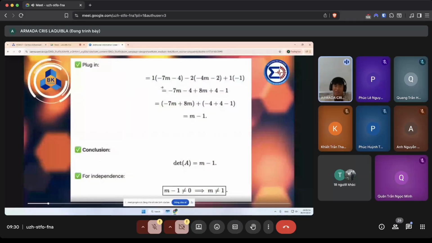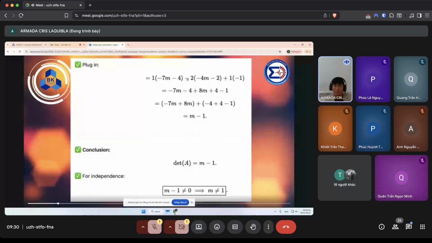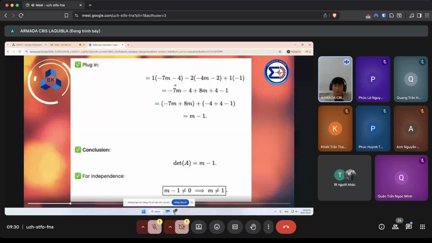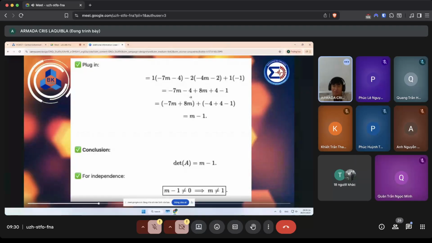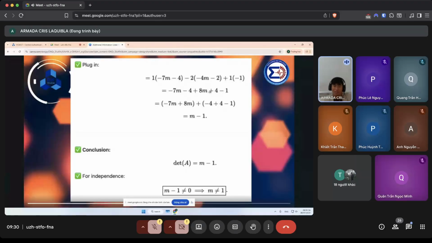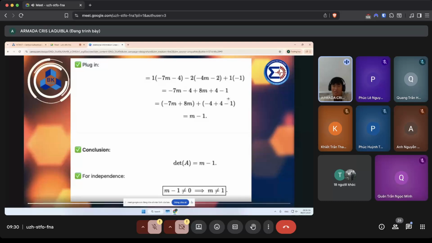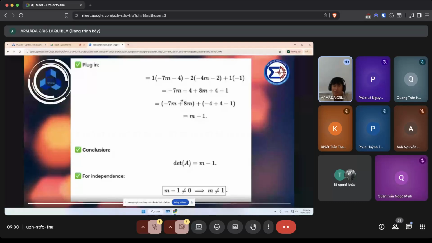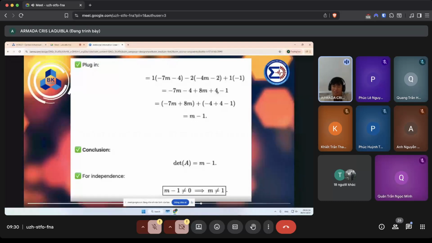Now we solve, we multiply the 1 there. This is the result. Multiplying 2, we have 8m plus 4 and then -1. Now combine all the terms with m. So we have here -7 plus 8m. Then combine the constants there. -4 plus 4, this is 0, then -1. So we have m minus 1.